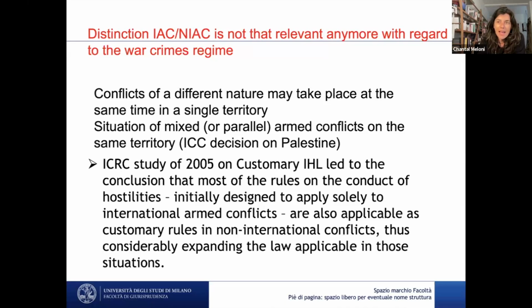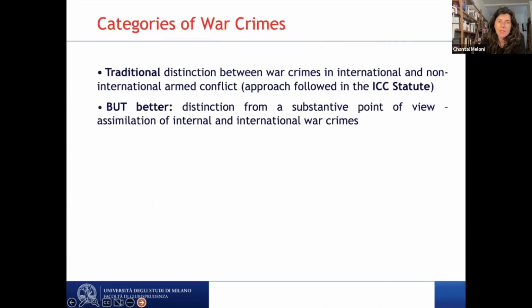But again, I repeat, the bottom line is that regardless of these distinctions, war crimes committed in international or non-international conflicts, in the end, nowadays, basically are the same under customary law, in the sense that in both cases, they imply the individual criminal responsibility of those who commit these crimes.